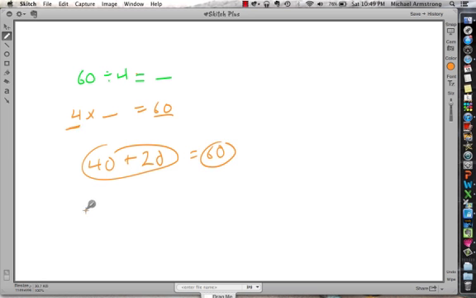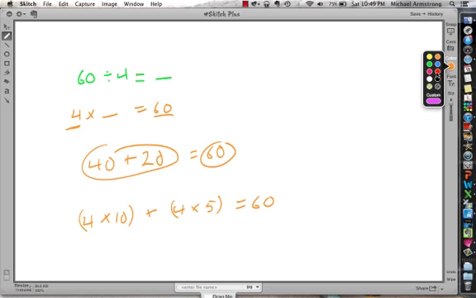So using the distributive property, how would I get 40 multiplying by 4? Well, 4 times 10 is 40. Plus, how would I get 20 multiplying by 4? 4 times 5. So I know that 4 times 10 is 40, plus 4 times 5 is 20, equals 60. Okay, so I've just changed my division problem around into a multiplication problem.